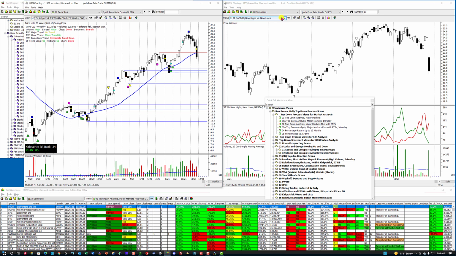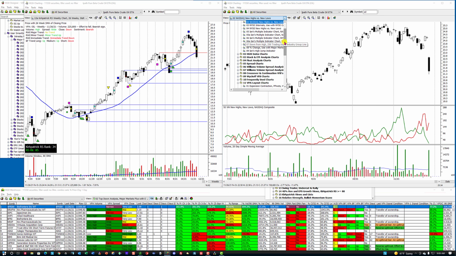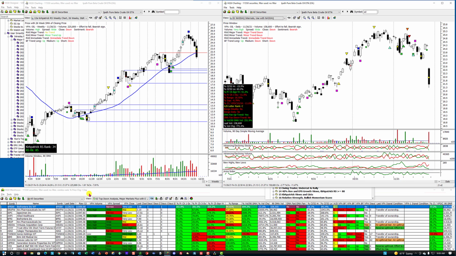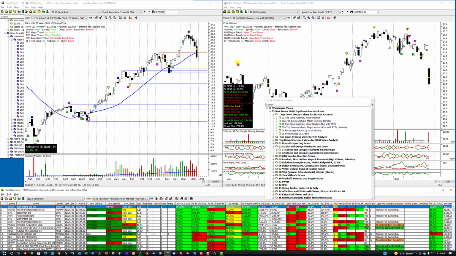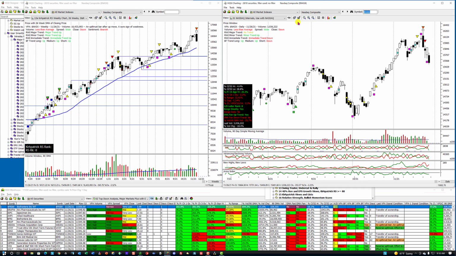It's not the NASDAQ, but let me just go back to the NASDAQ. The symbol's $NASX. I went back there. I just wanted to show you what the weekly chart looks like. It's still strong with the weekly, but we are getting a VPA flag to the downside.